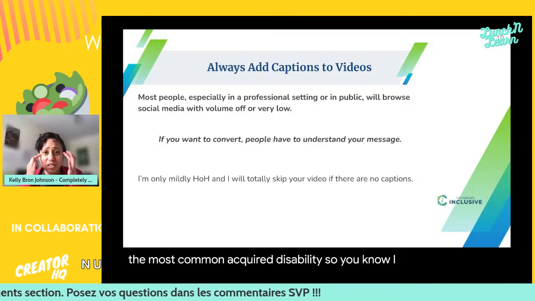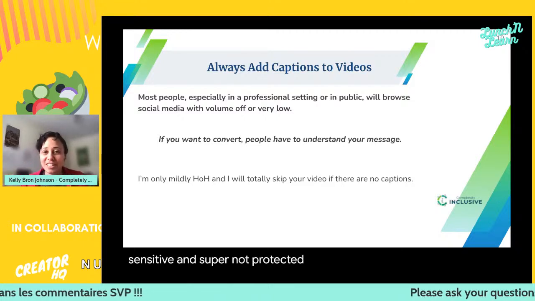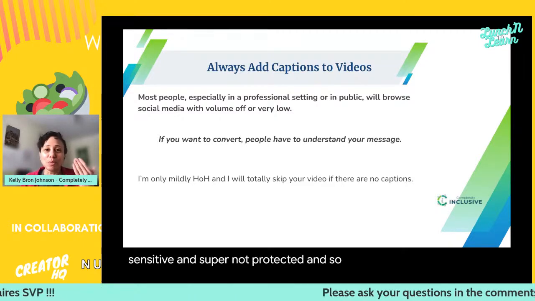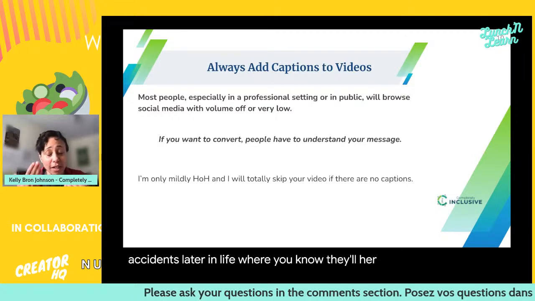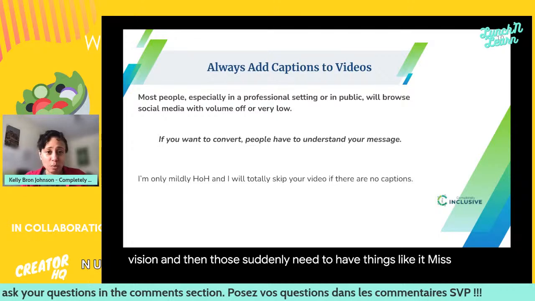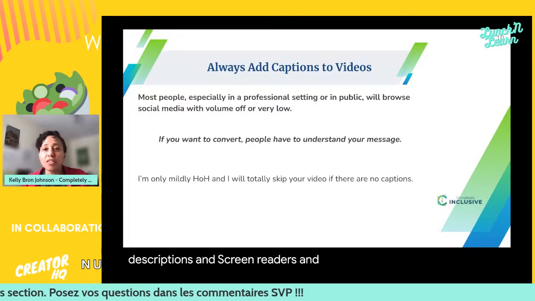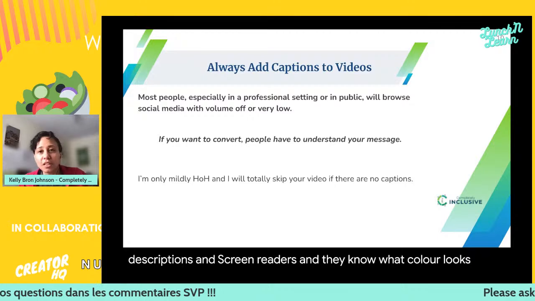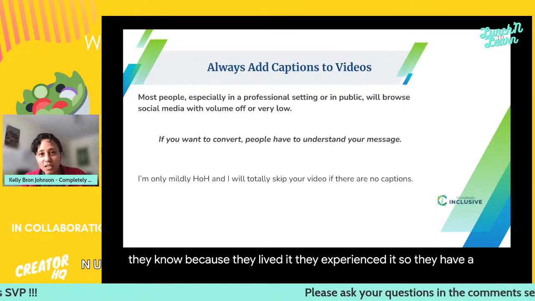Our eyes are super sensitive and not protected. A lot of people will have accidents later in life where they'll hurt their eye, lose their vision, and suddenly need things like image descriptions and screen readers. And they know what color looks like. They know because they lived it, they experienced it. So they have a concept of color.